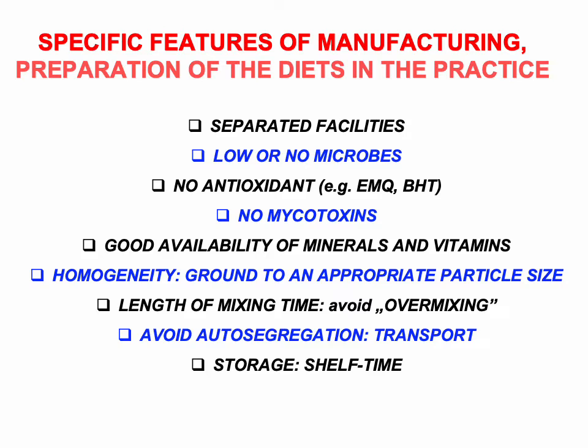From the minerals and vitamins, we have to choose the good availability group. To assure the homogeneity, we have to watch the mixing time, avoid auto-segregation, and we have to give a good storage.